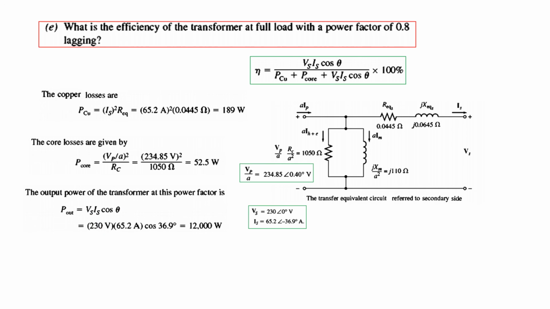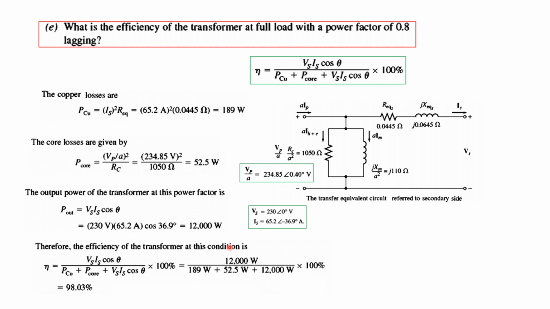Again we know VS, we know IS, and we know the angle, so it will be 12,000 watt. And now plugging in all the values, we find the transformer efficiency to be 98.03%. So I hope you have understood how you can solve this type of difficult problem by following the steps. Thank you.